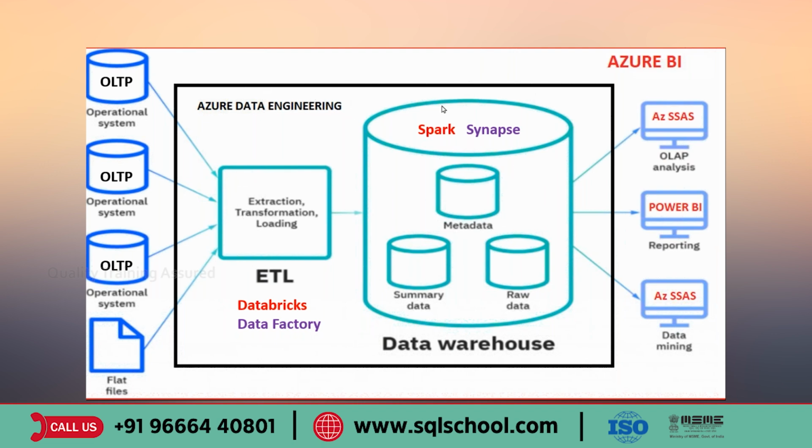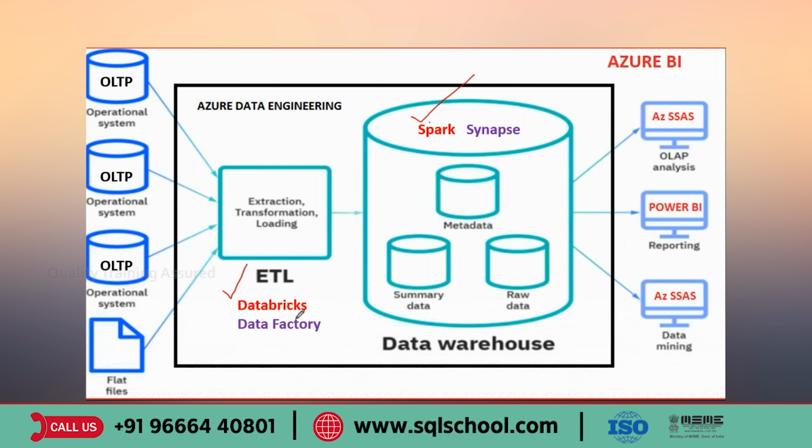In any engineering, you have something called open source common: Databricks ETL, Spark warehouse. These two are common in any data engineering product. Either you go for Azure data engineering, Google data engineering, AWS data engineering, or Fabric data engineering, Databricks and Spark are common.